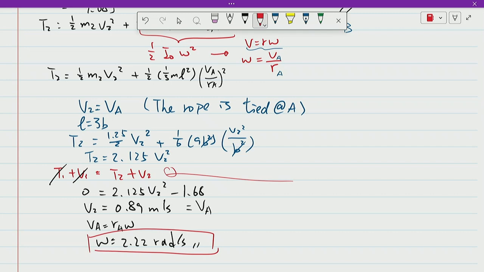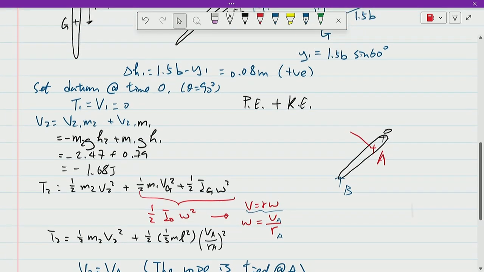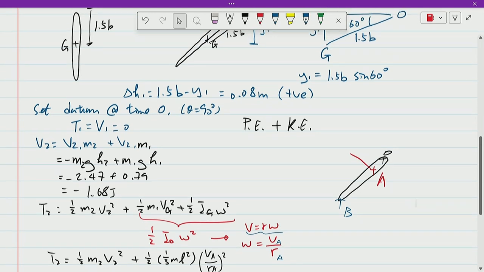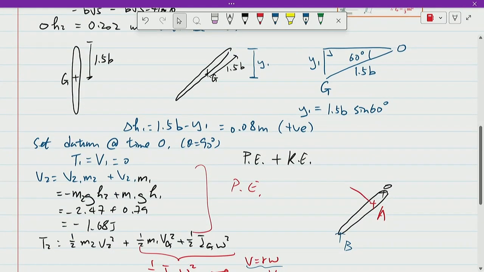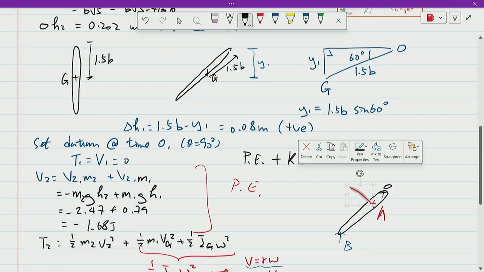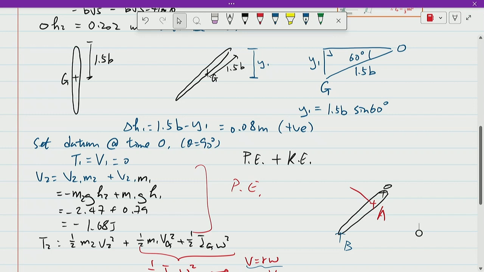Yep, right here. Again, we're assuming that it started, basically we're assuming the start location has zero potential energy.